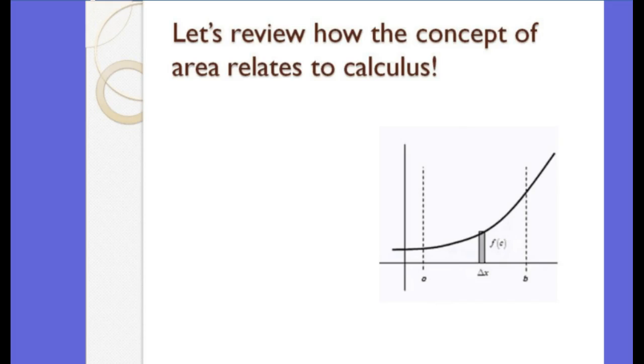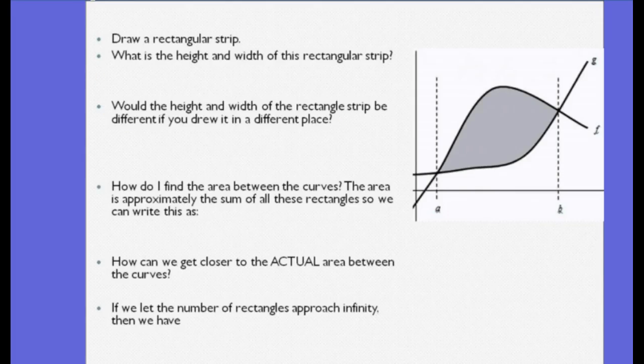So what we can do is manipulate this rectangle to find an area between two curves as opposed to between the curve and the x-axis. I want you to look at that image and draw a rectangle to represent the area of a rectangular strip between those two curves.